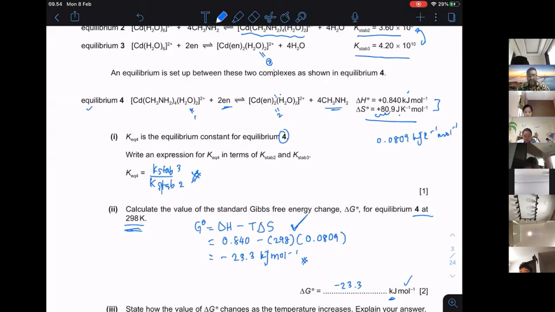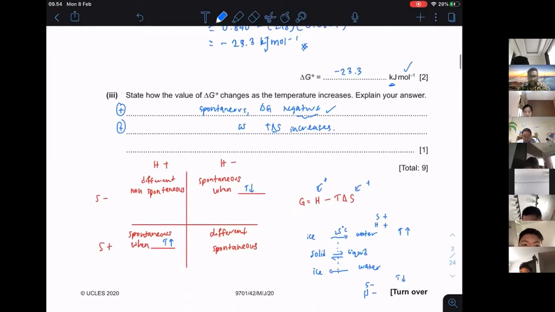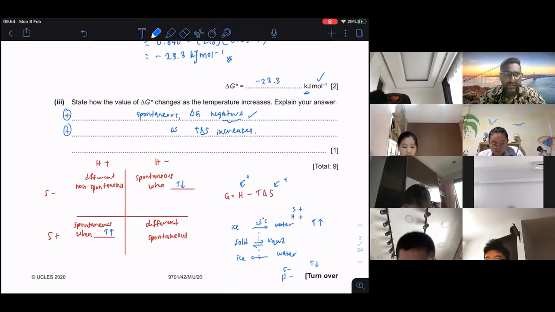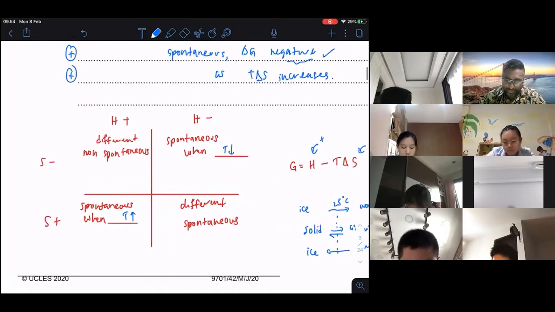Okay, if you have entropy positive, then it's possible. But again, that is the reason why I ask you to watch my video. Because here they are asking you how the value of Gibbs free energy will change as the temperature increases, and explain your answer. This is what I wanted you to see from the video.